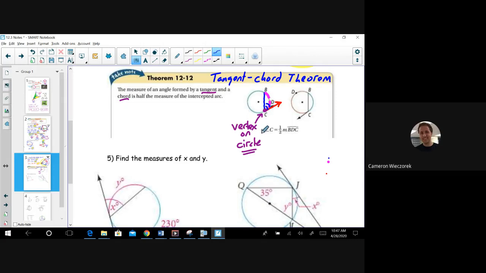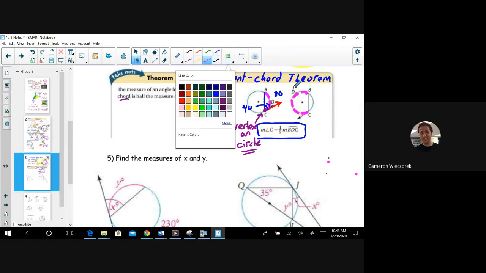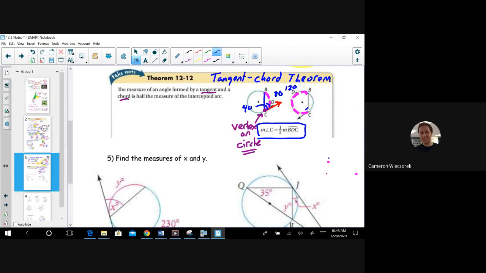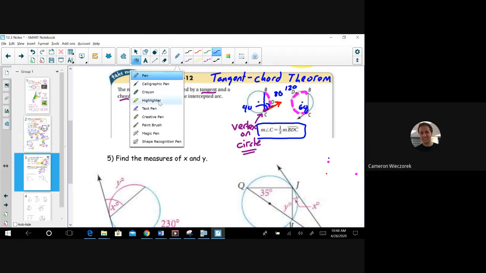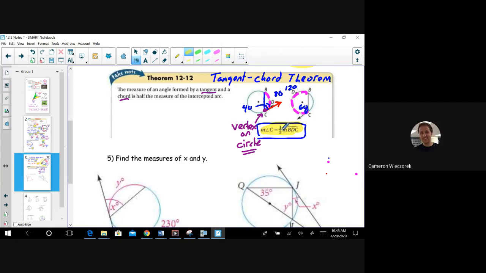So in the problem, angle C is half as big as arc BDC. So if the pink one was, say, 80, then this angle would be 40. If this arc was 120, then this angle would be 60. Still half as big. It's the same consequence that we got from the inscribed angle theorem.